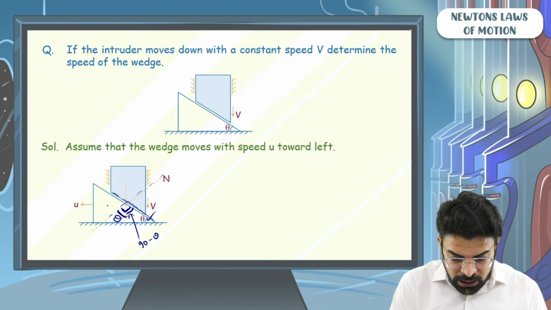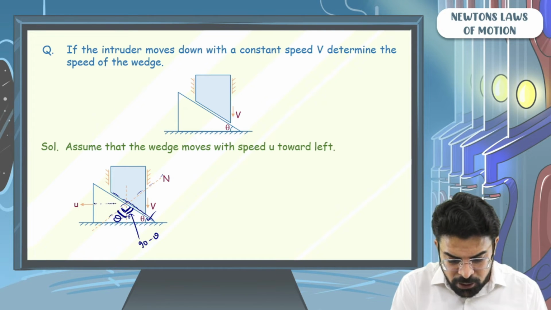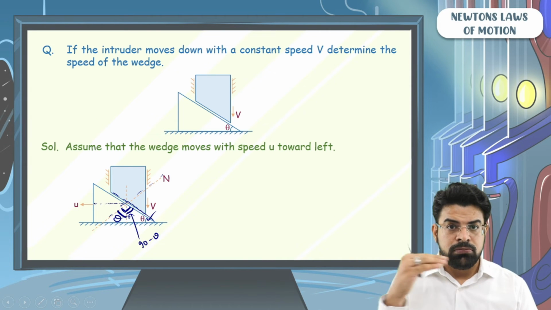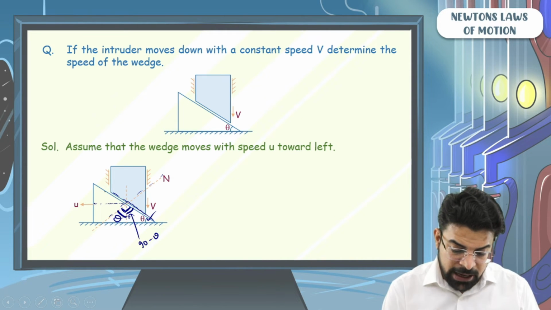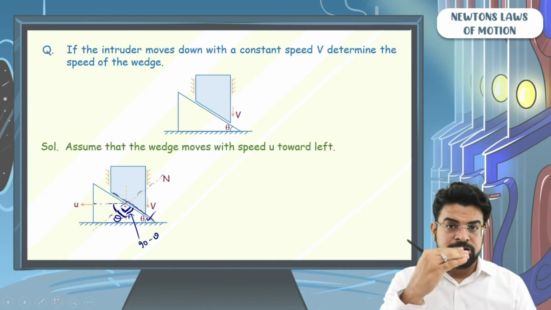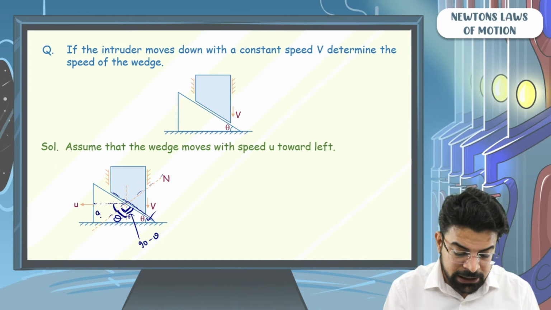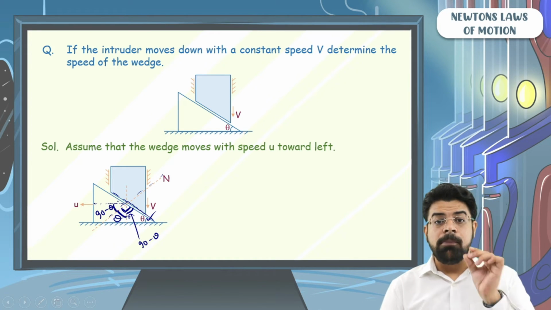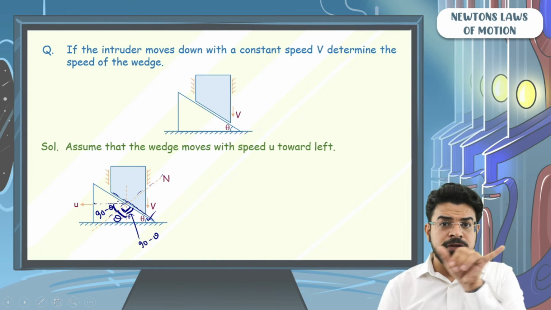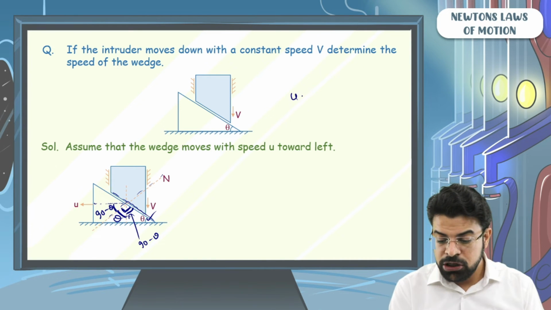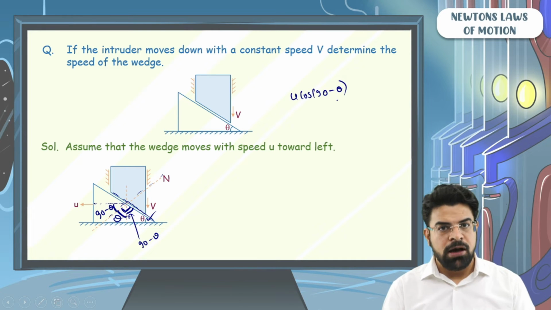Okay. Now the speed of the wedge is u towards left. The angle made by the velocity of the wedge with the normal will be 90 minus theta. So the component of the velocity of the wedge along the normal will be u cos(90 minus theta). Well begun, half done.